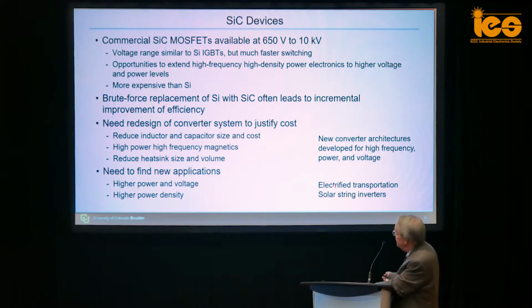In the transportation business, power density is critical for what fits on the vehicle, so we need high power density at these higher power levels. String inverters for solar PV generation are another case where high power density is needed, so this is an opportunity as well.